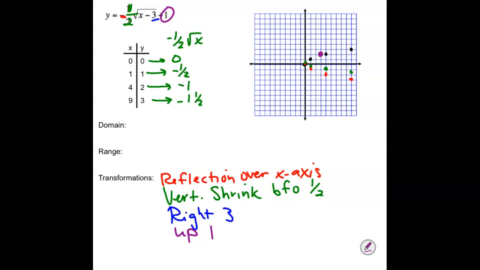This is now my new endpoint. Right 3 and up 2. Now remember, we're in the half mark. Okay. My next green dot, right 3 and up 2. And next one, right 3 and up 2. So I have this kind of compressed upside down square root graph. Okay. Now, remember, our domain and range come from this endpoint.